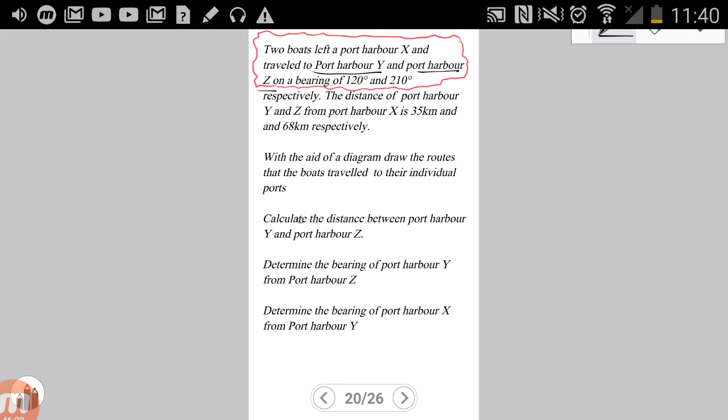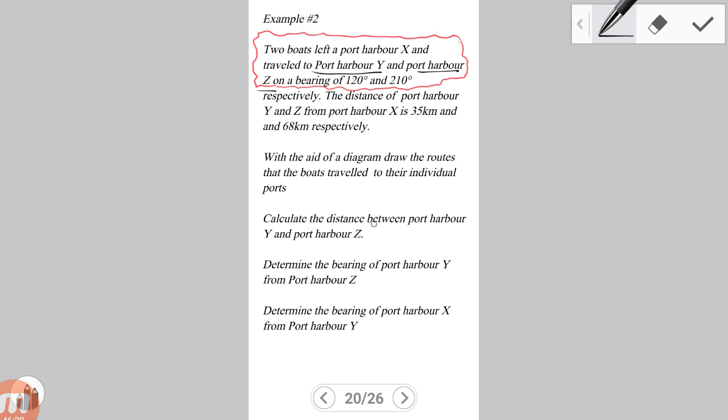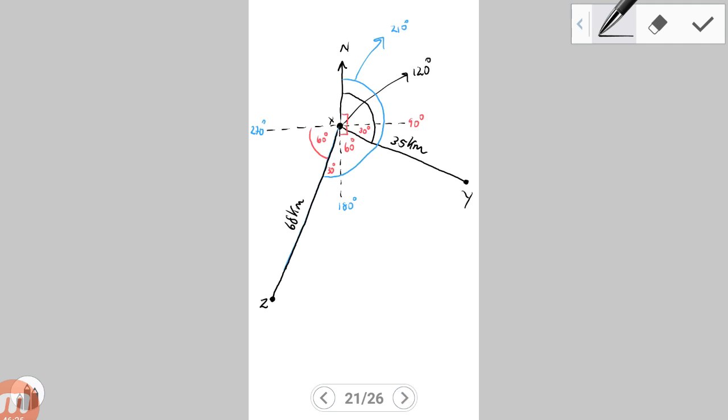Next that we're going to be looking at is to calculate the distance between Port Harbor Y and Port Harbor Z. So obviously there's not a line leading us there, so we're going to have to construct that distance here, and we're asked to calculate this distance. All right, we don't have a lot of space, but we can make it.